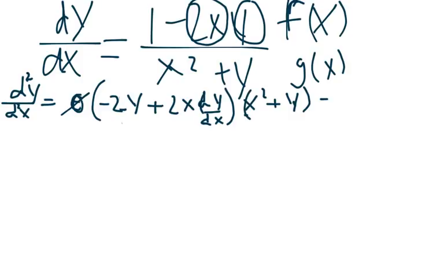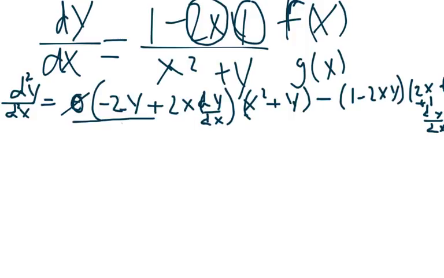Then you do minus the derivative of g of x, so you get 1 minus 2xy times 2x plus 1 dy over dx, which is the derivative of g of x. All over g of x squared, so that's x squared plus y to the second power.